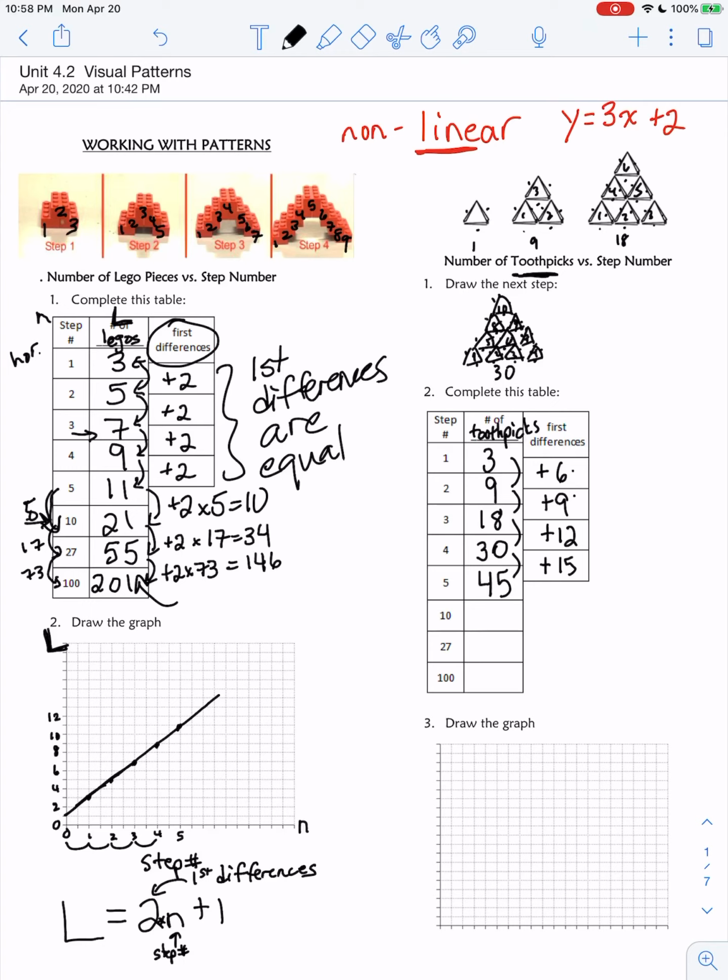Now when I go to draw this one, I still have 1, 2, 3, 4, 5. This is N, the step number. And then this is going to be, let's call it T for the number of toothpicks. And I've got to get up to at least 45.